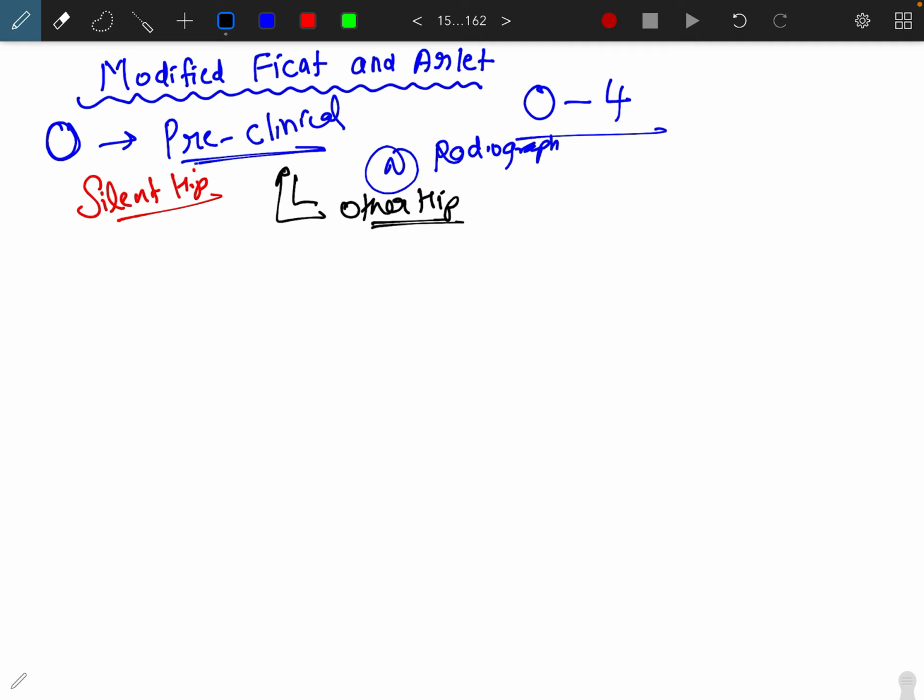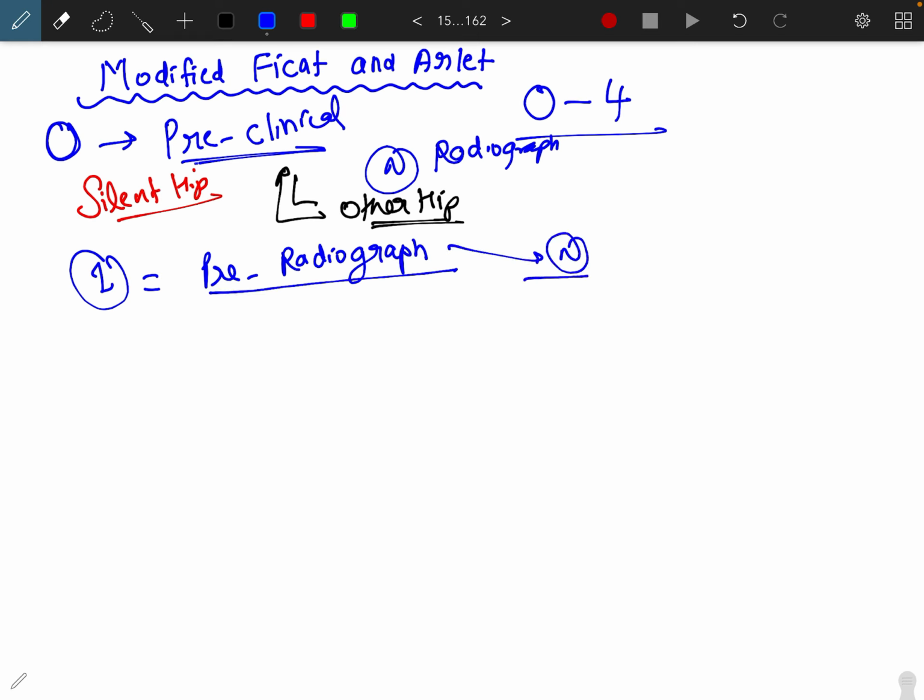Now coming on to stage number 1. Stage 1 is known as the pre-radiograph stage. The first one is the preclinical, the second one is the pre-radiograph stage. Pre-radiograph means the radiograph will be normal in this stage, or there might be some osteopenia. So what will be abnormal? The MRI will have edema.